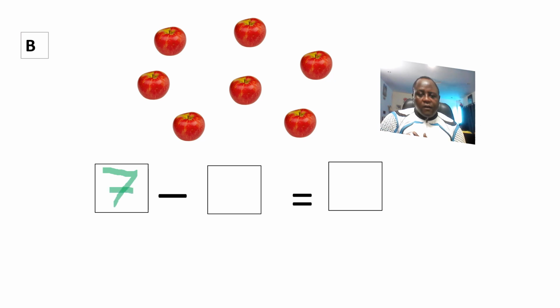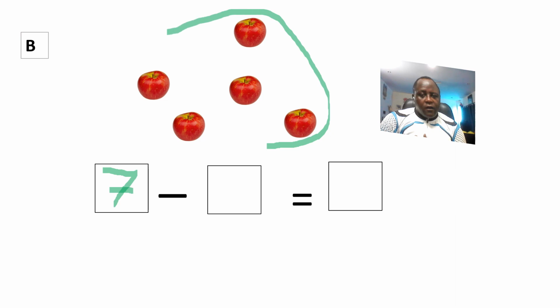Now, minus. How many will go away? 1, 2. Did you see that? 2. How many are left here? The ones that are left here, you count and write it here. 1, 2, 3, 4, 5.